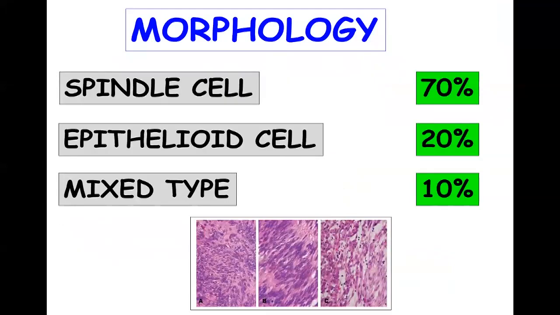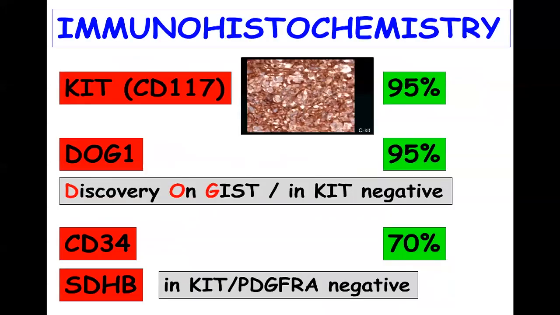Concerning morphology, 70% of GIST are spindle cell type, 20% epithelioid cell, and 10% mixed type. 95% of GIST are KIT or CD117 positive. 95% are DOG1 positive, DOG1 for discovered on GIST.